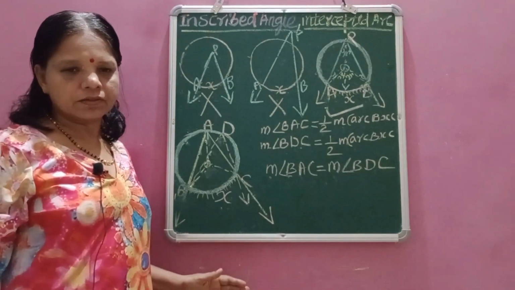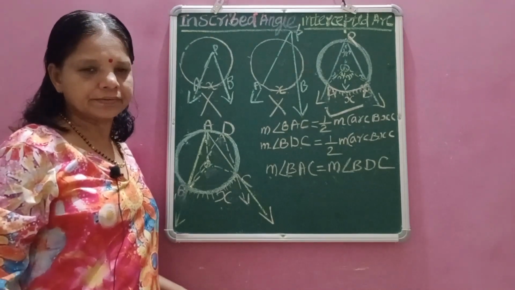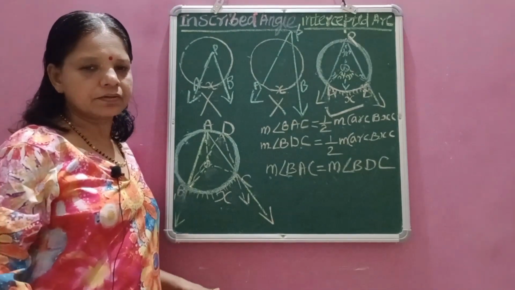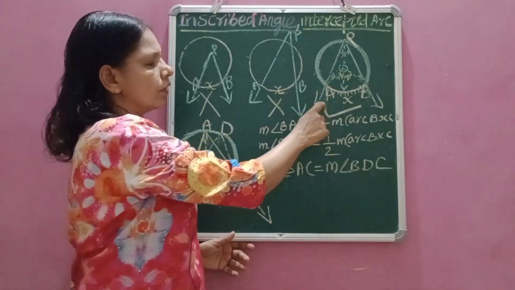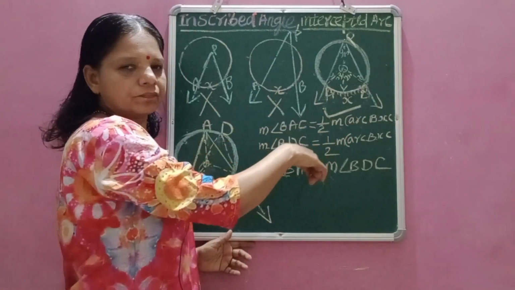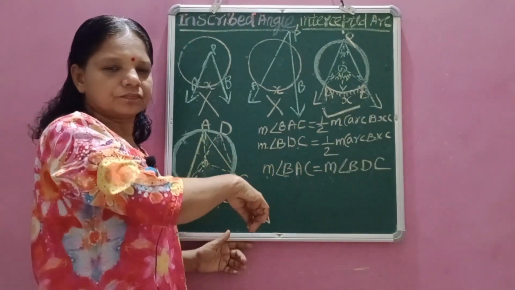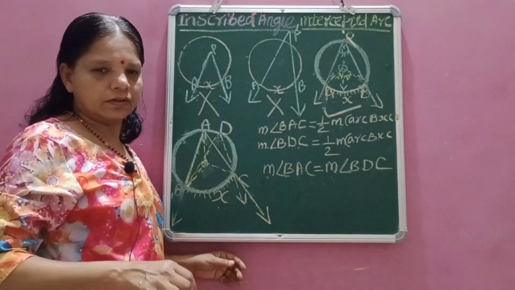What is the meaning of subtended angle? The angle formed at a particular point. Angle subtended at the center, or for APB you can say angle subtended at a point P of the circle. Understood what is meant by subtended? Formed at a point.